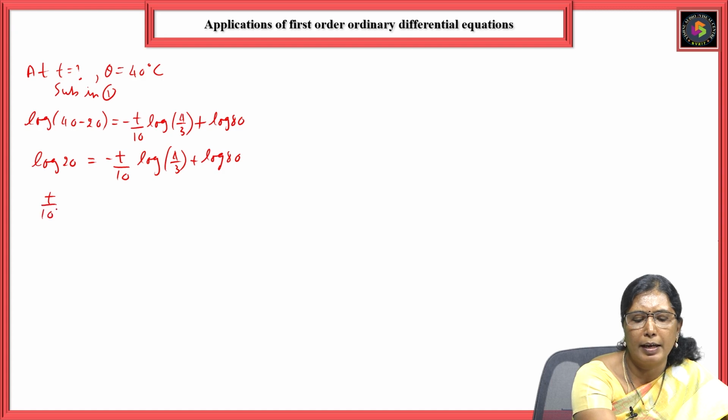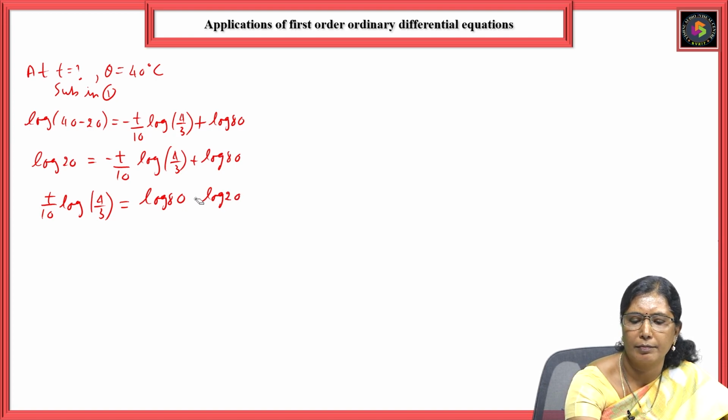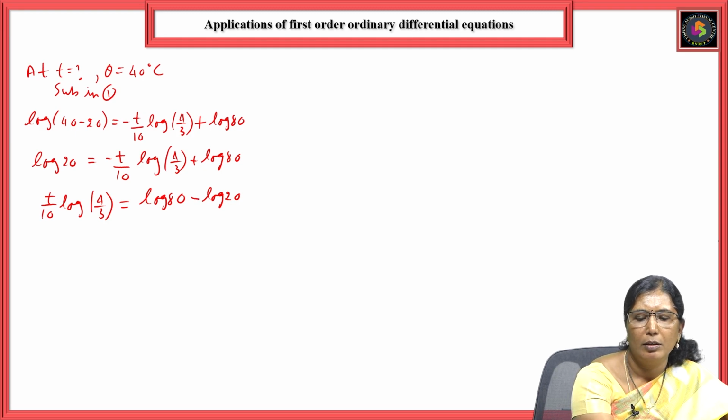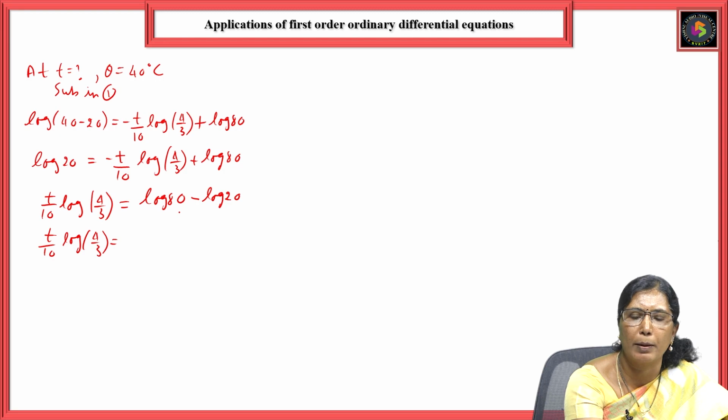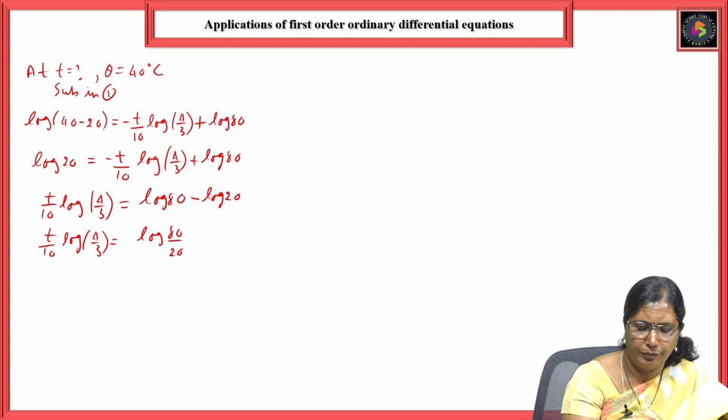So t by 10 log 4 by 3 is equal to log 80 minus log 20. Sorry, it will be minus. Log A minus log B is nothing but log A by B. So you get log 80 by 20.